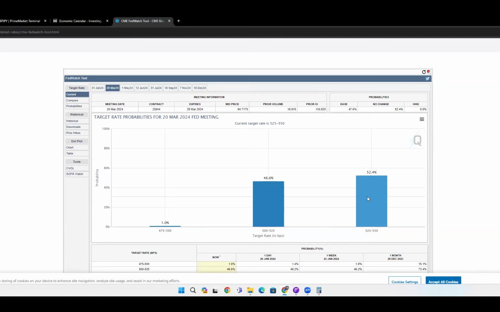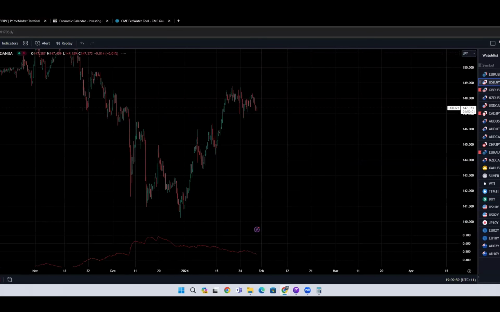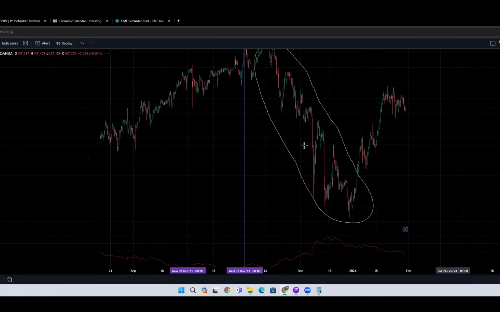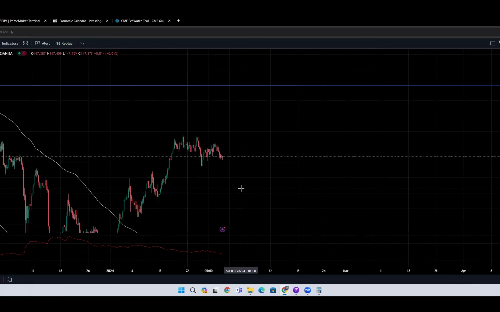I just want to talk about something else here as well. I just want to have another look at the JPY before we go. I've explained this in a video today, but as we hear, firstly, the outcome of the January MPM, the monetary policy meeting, was more hawkish than the market expected.